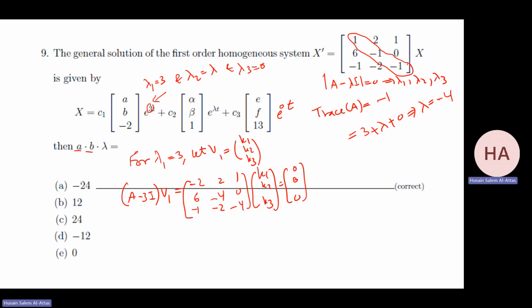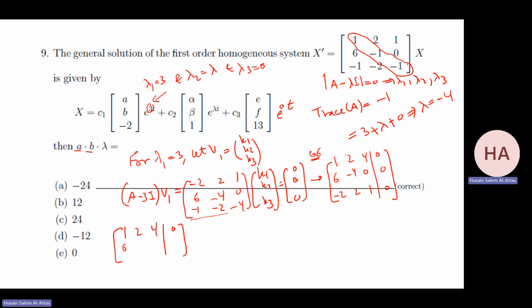To solve this system, I can do Gaussian elimination. I'll make this row the first one. We did something like this before. I have 6, -4, 0, 0, and -2, 2, 1, 0. So multiply by -6 and add, that will be 0.